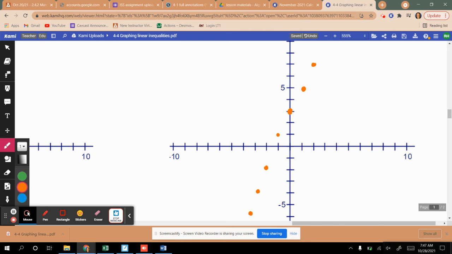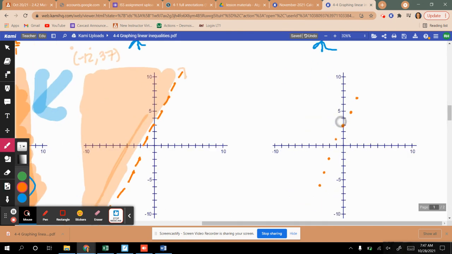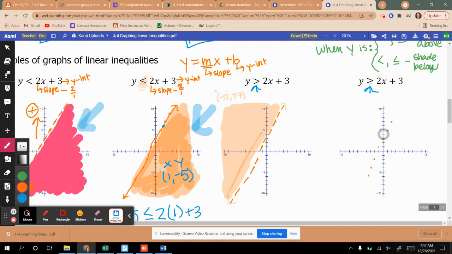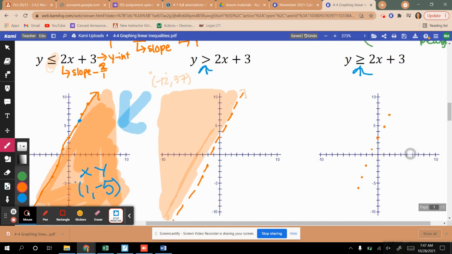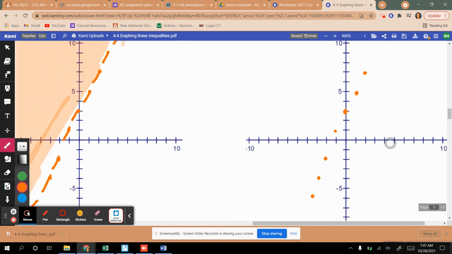It gets kind of hard to do that just by eyesight without the little grid. All right, so let's look at it. It is a greater than or equal to. So why is greater than or equal to? That equal to tells us it's going to be a what? Right, a solid line. So we're going to make sure we do a solid line right here.